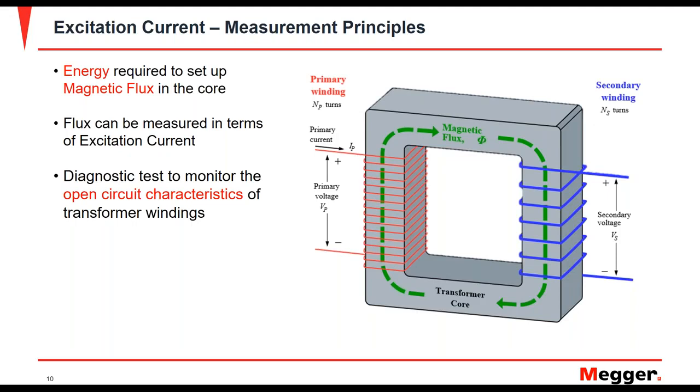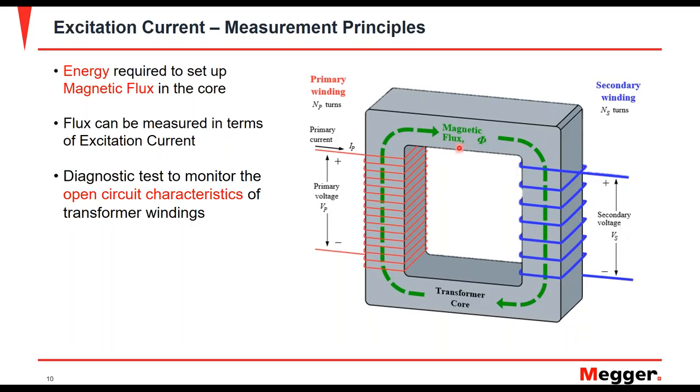Now, there is one common link between these two windings, that is the core and the flux that's generated in the core. Once you excite the primary winding, you establish what you call a working flux in the transformer core that links with the secondary winding, and that's how your transformer action takes place, and you get a secondary voltage induced on the secondary side.